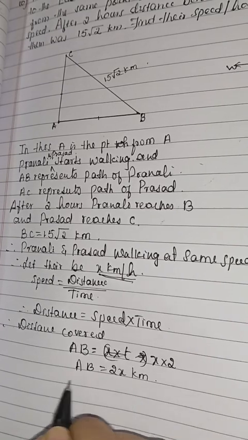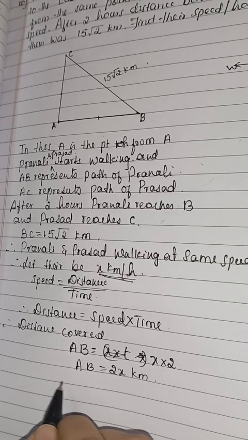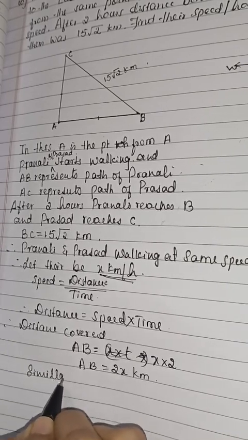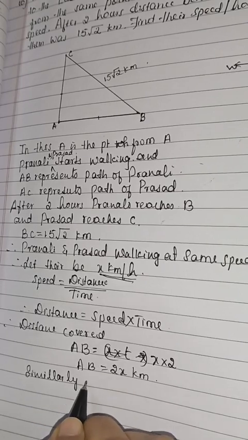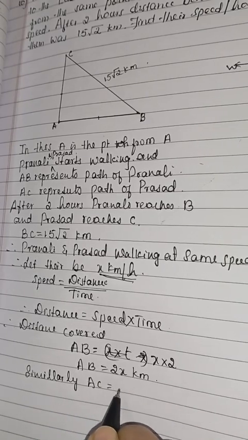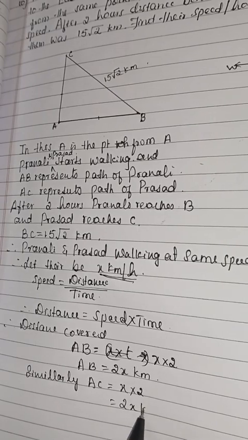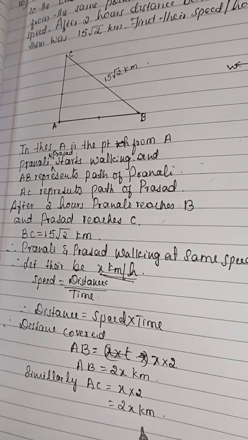Similarly AC is x into 2, that is 2x kilometer.